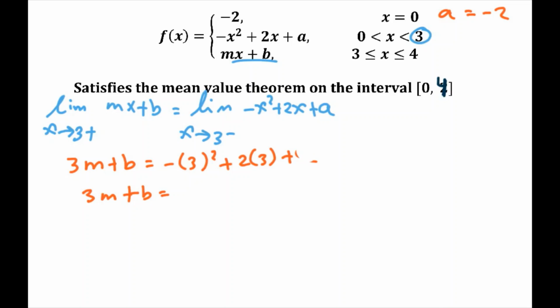Instead of a, I'm going to use the number I found, which is negative 2. So that's going to be equal to negative 5.